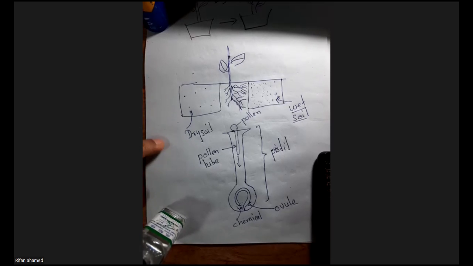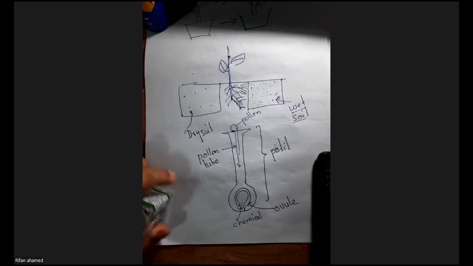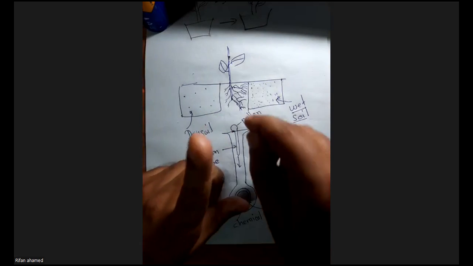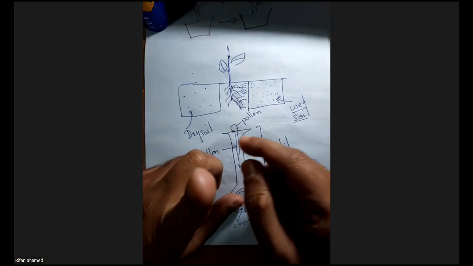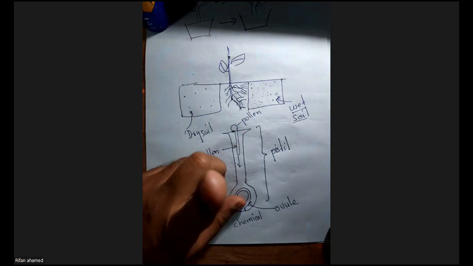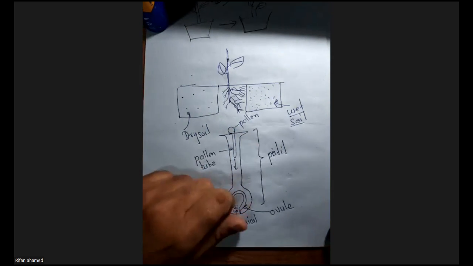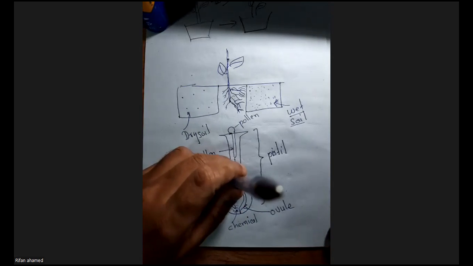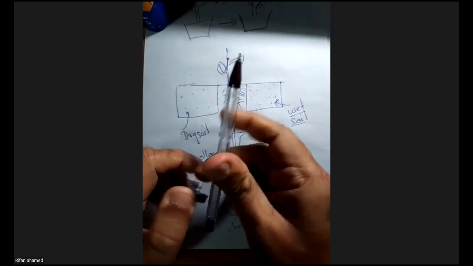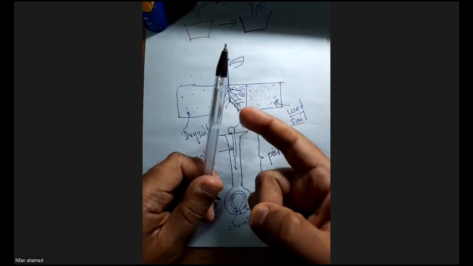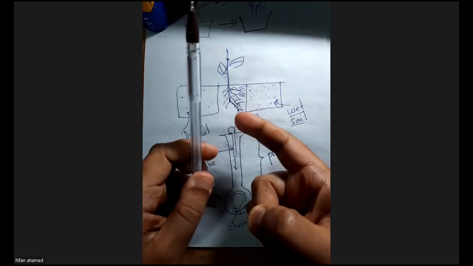Right. What is the next type? Positive thigmotropism. In positive thigmotropism, this is what's happening. There is a plant. It has a weak stem.